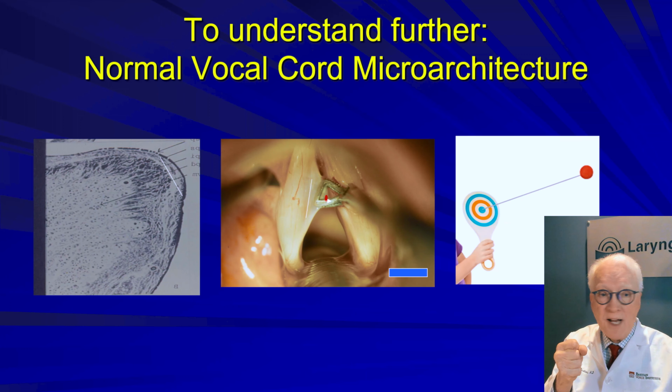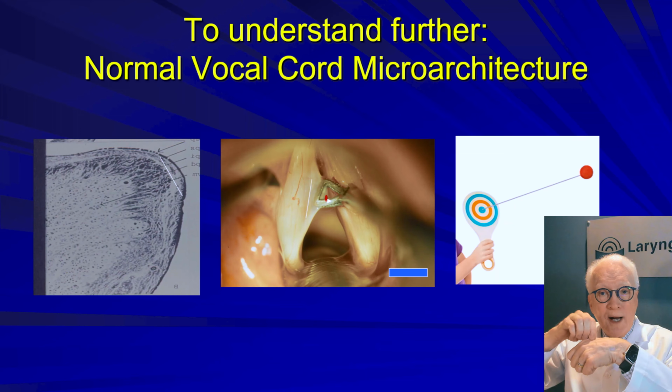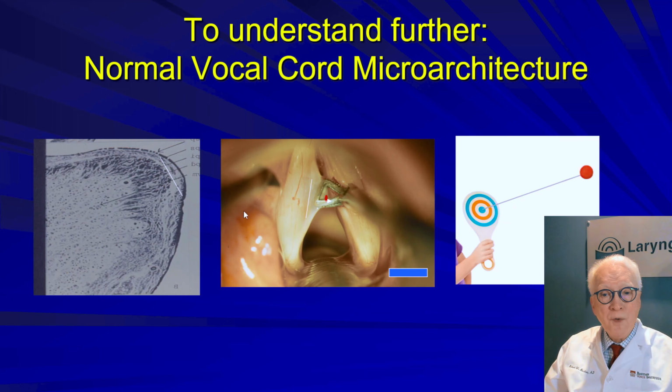And in similar fashion, the mucosa, the ligament and the muscle don't really vibrate much. But the red rubber ball is the epithelium, and I've shown it right here. And it is what is vibrating, moving back and forth because of the stretchability of the mucosa. And so we think of that as that red rubber of the rubber band here.